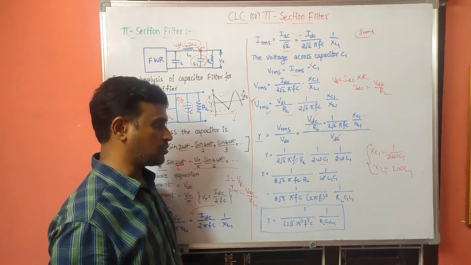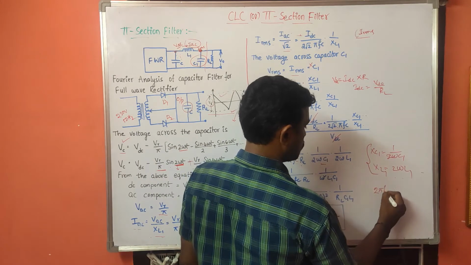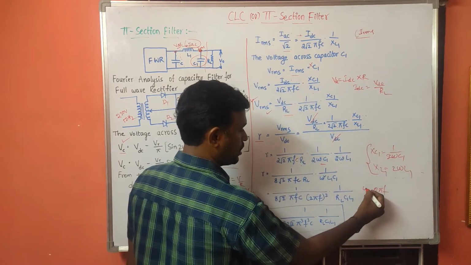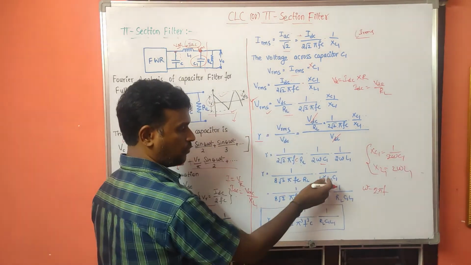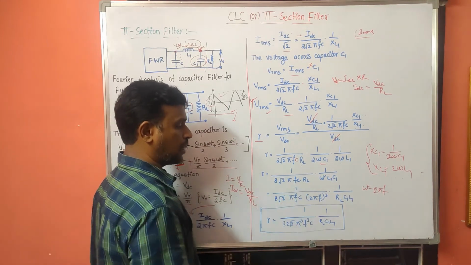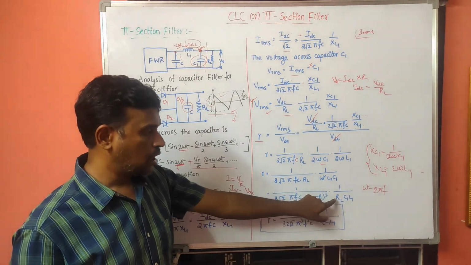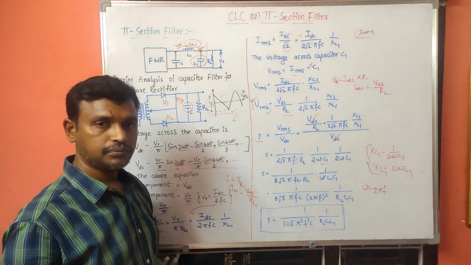Again, if you substitute omega is equal to 2 pi F, we know that omega is equal to 2 pi F, you will get another equation: 1 by 8 root 2 pi FC, 2 pi F whole square, RL C1 L1.